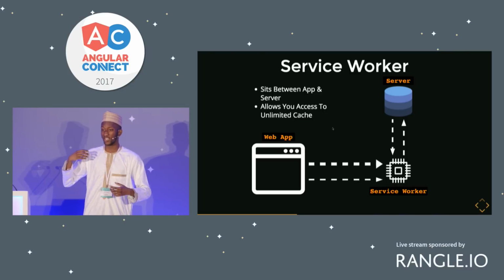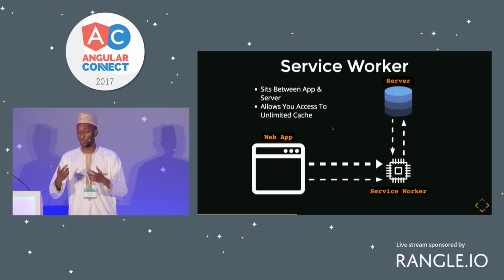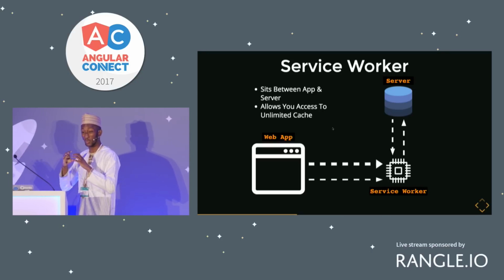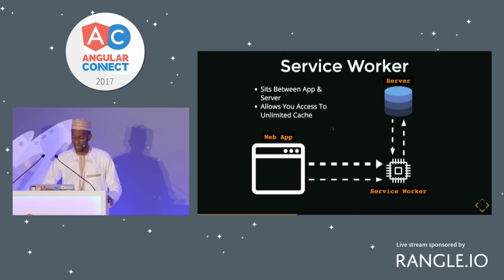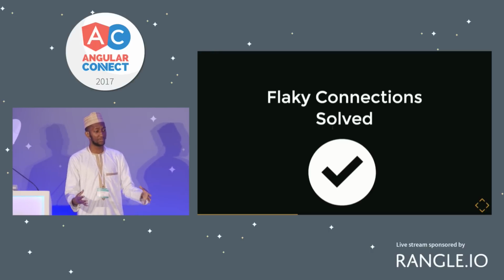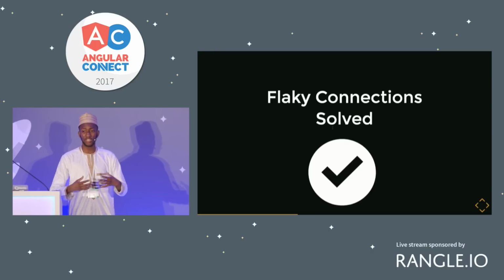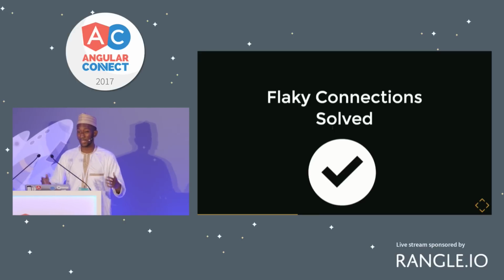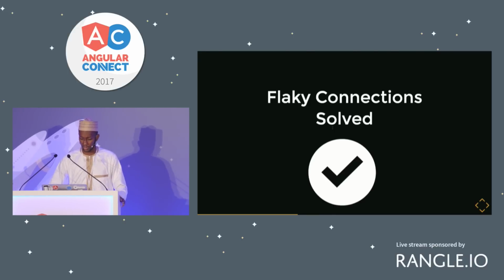And in case you're trying to get a picture, but it's not really working out for you, you can get something from the cache. It makes your app experience way faster and better. So we can say today, in 2017, the flaky connection is not really something we worry about as much as we normally used to.